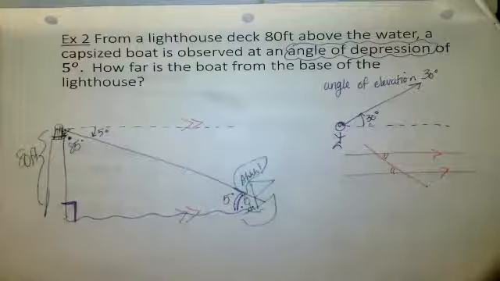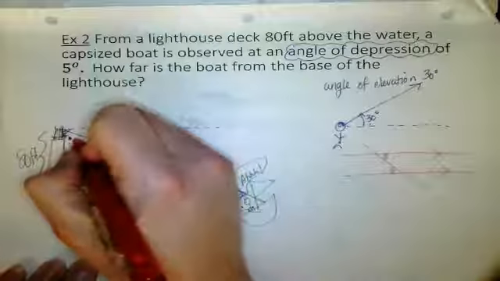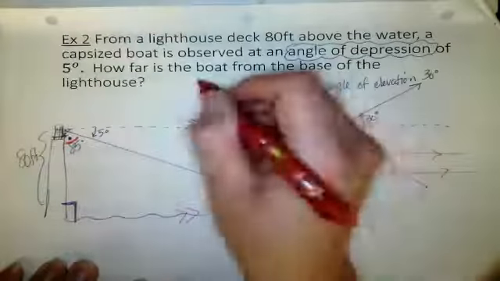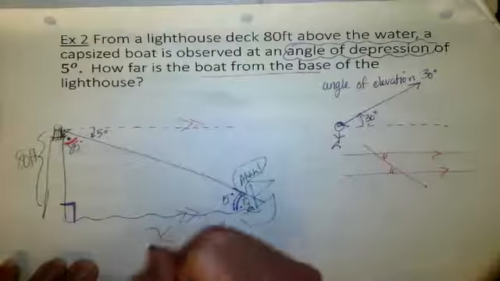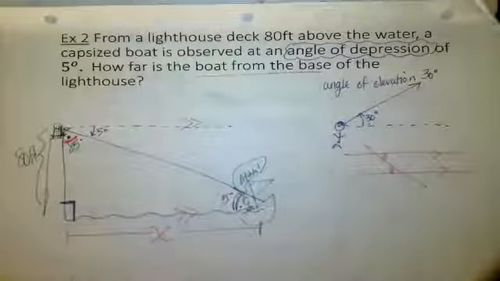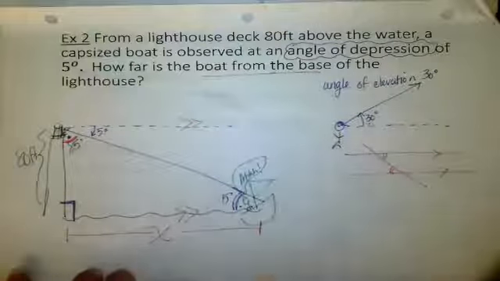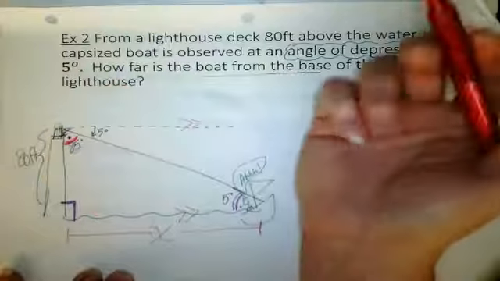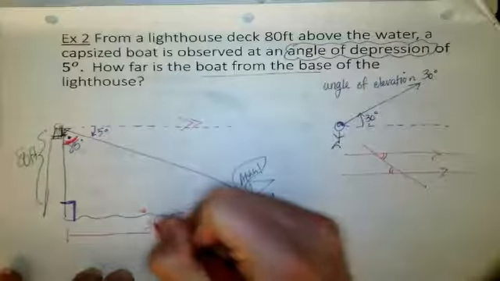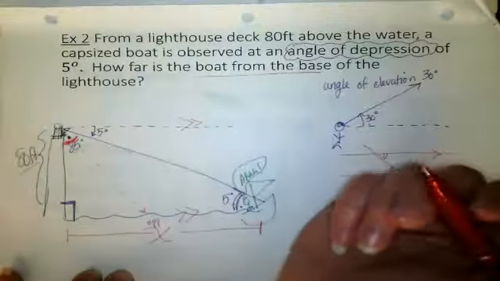All right. So now I have an 85-degree angle right here. We want to know how far the boat is from the base of the lighthouse, so we want to find this distance, X. Looking from my 85-degree angle, my opposite side is X. And what would the 80 feet be called?